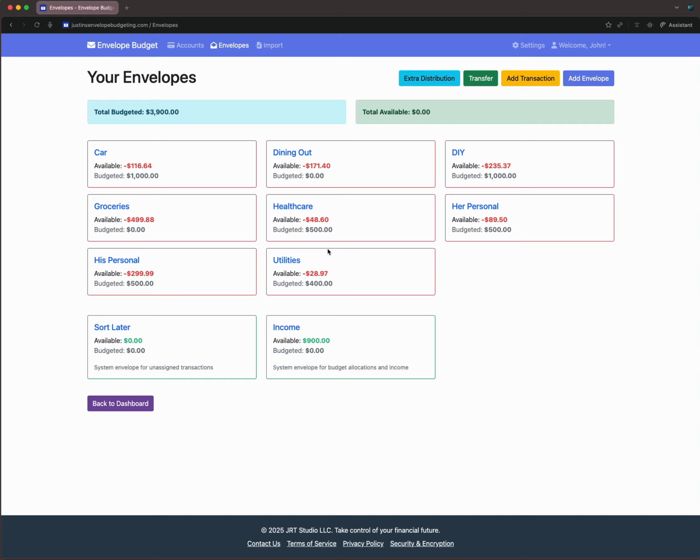But the other good thing is things roll over too. So if I don't spend anything else in the car budget, on December 1st, I will have $2,000 minus $116 in this envelope, and it'll keep adding up.